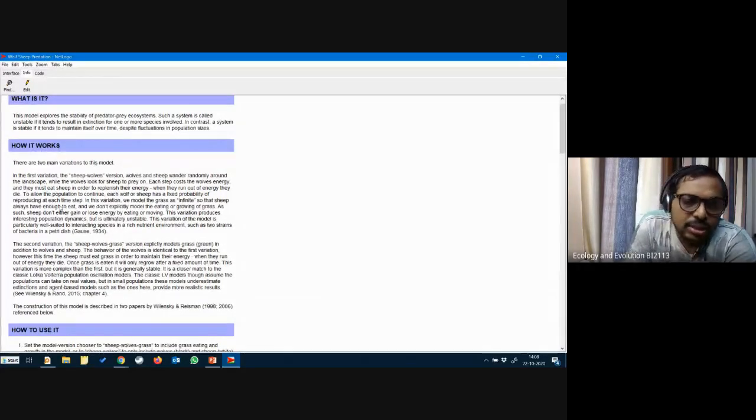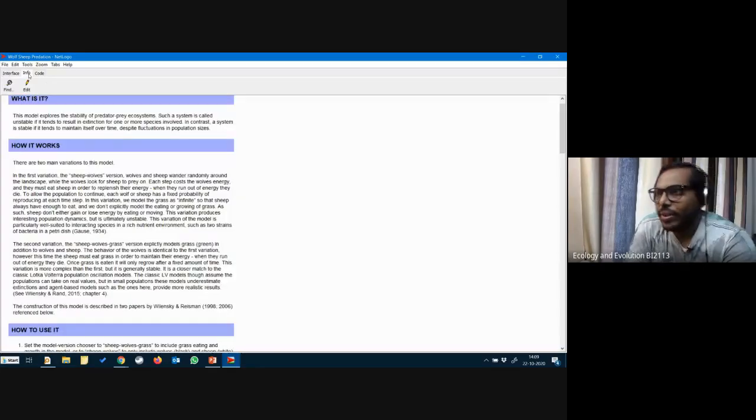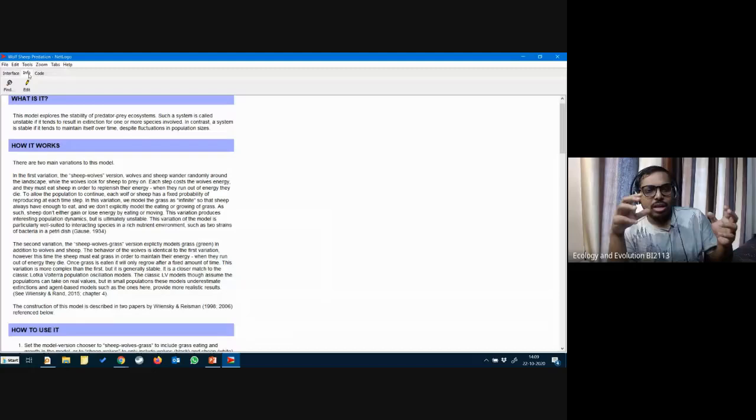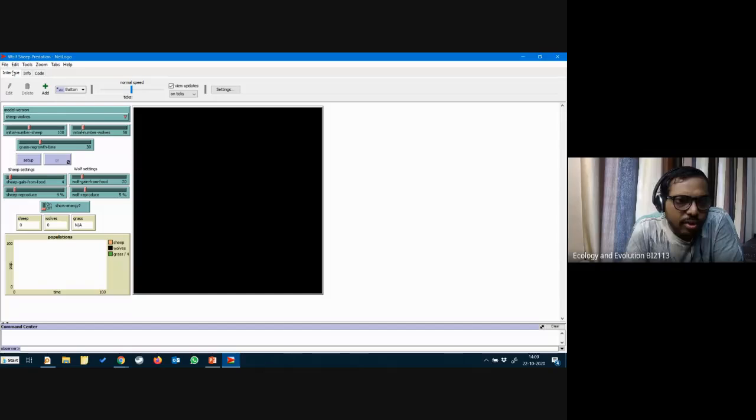Now, what is happening is that you have this interface. Assume that this is a 2-dimensional world, and on this 2-dimensional world, the wolves and the sheep are roaming around randomly. In the process of roaming around, whenever they encounter each other, there is a possibility of a kill happening.